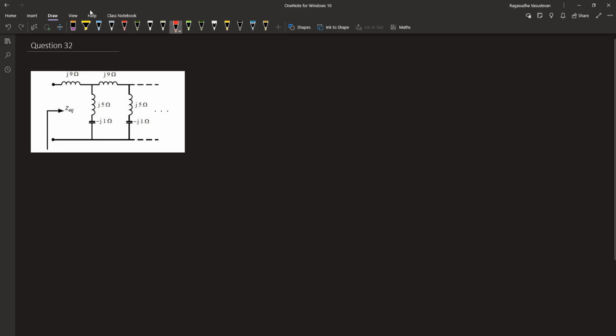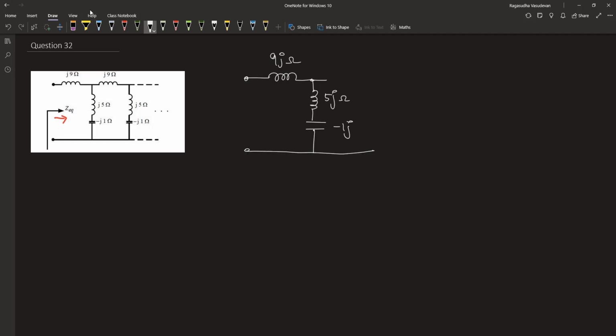We have an infinite ladder circuit shown to us. We have to find the equivalent impedance looking from this perspective. To make this circuit easy to comprehend, let us consider this circuit to have an inductor of 9J in series with the parallel combination of the 5J inductor and the capacitor of minus 1J along with ZEQ.